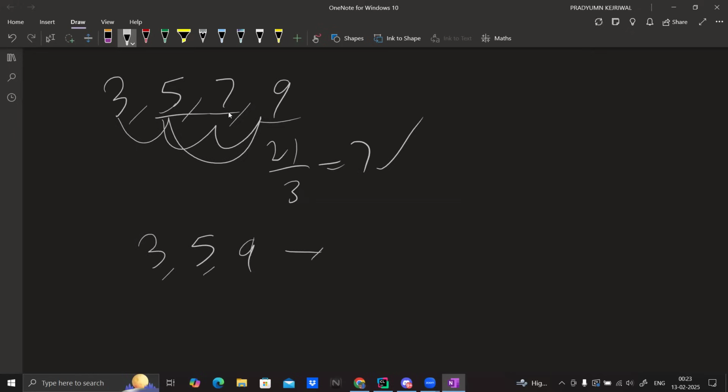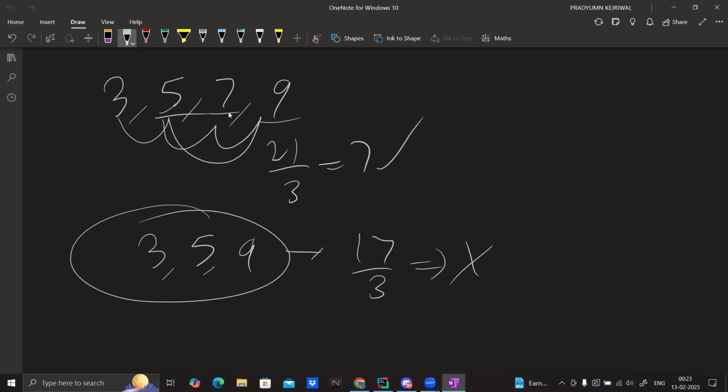This is actually not integral. 17 by 3, which is not integral. So we can print 3, 5, 9. Without even looking at the array B, we can say that 3, 5, 9 is not a legal subsequence, right?